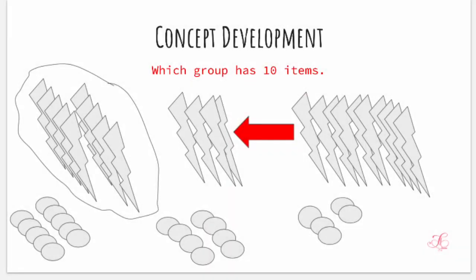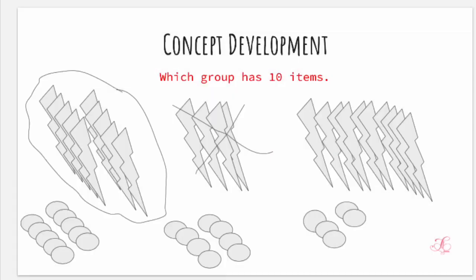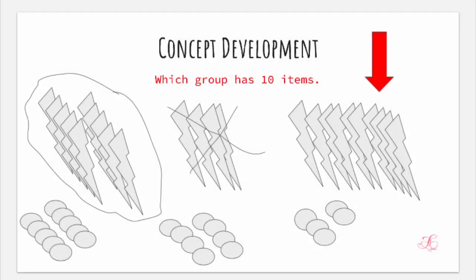How many are in the second group? Let's count. 1, 2, 3, 4. Let's put an X over that one to represent that it is not 10 ones. Let's count the next group. 1, 2, 3, 4, 5, 6, 7, 8, 9, 10.